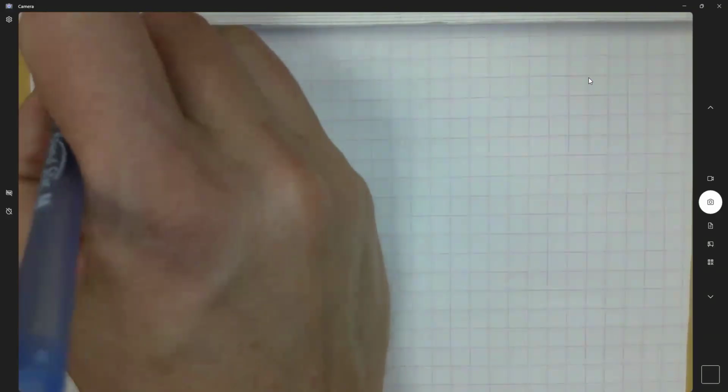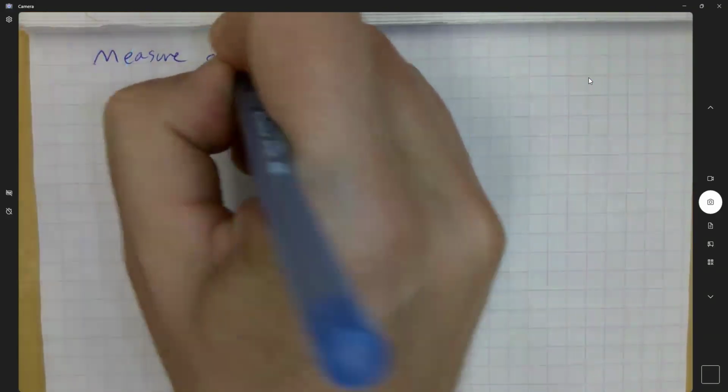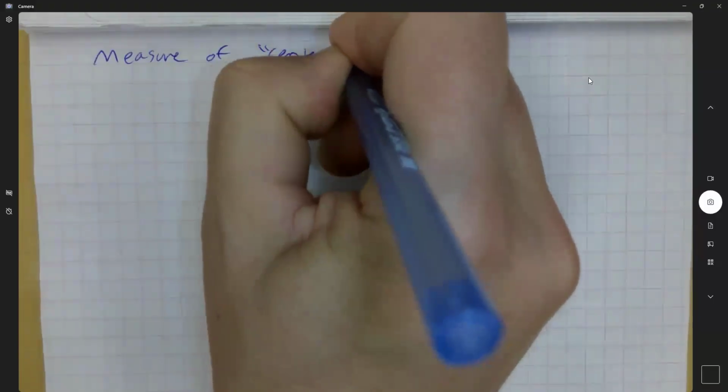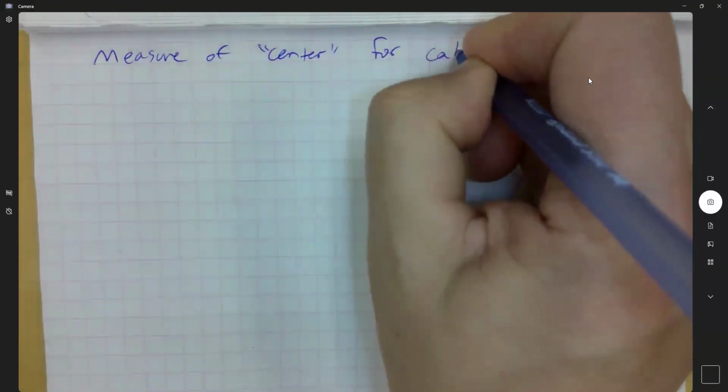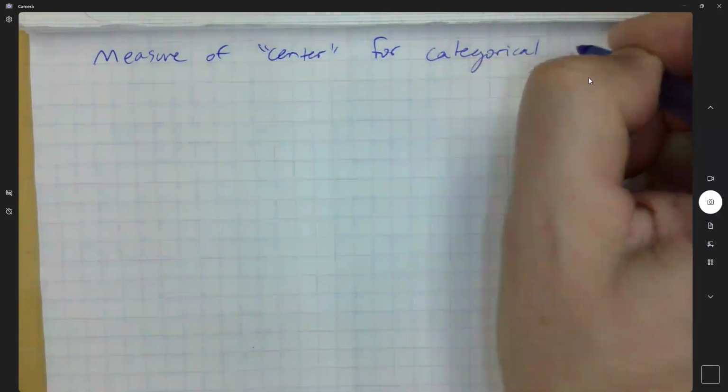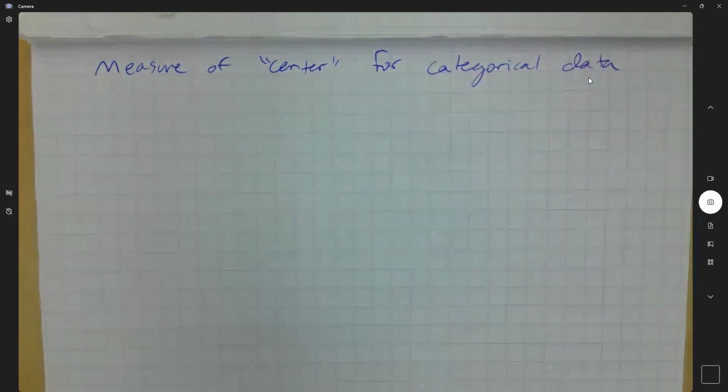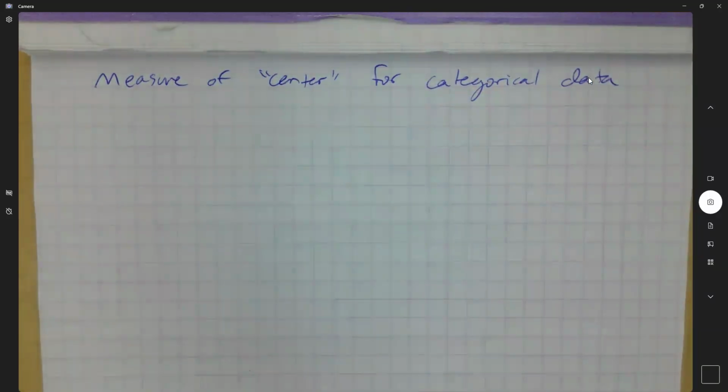Let me talk to you about the last summary statistic that we'll talk about today, which is a measure of center for categorical data. Measures of center are super important for quantitative data.